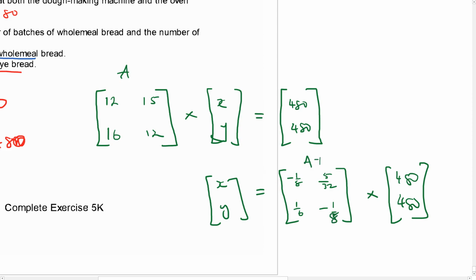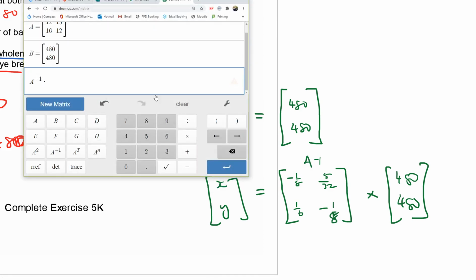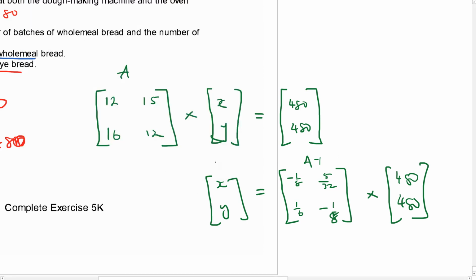When you multiply A inverse by the B matrix, which is that one, you get 15 and 20. Equals 15 and 20. So what does that tell us in the context of the question?